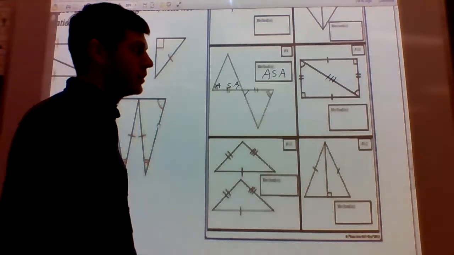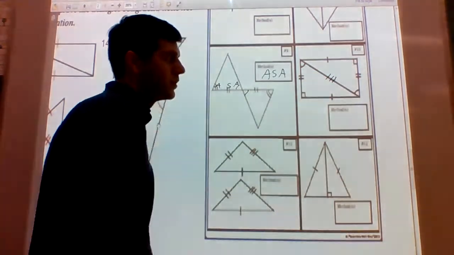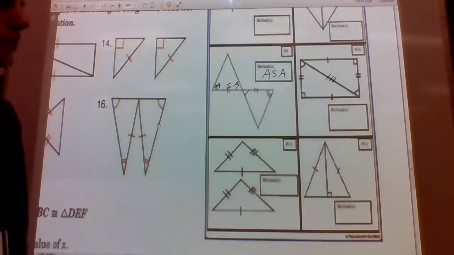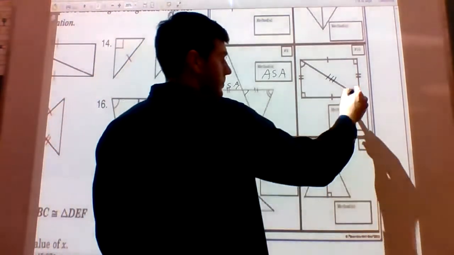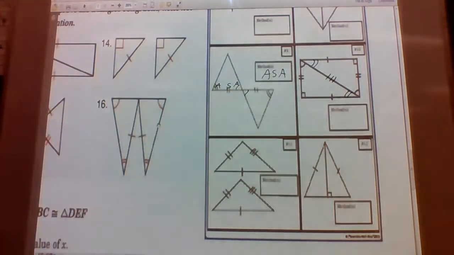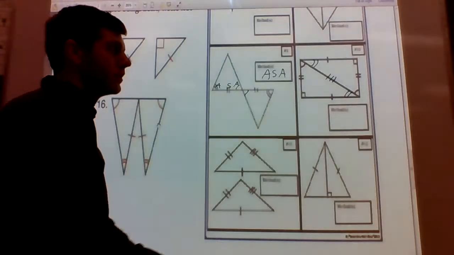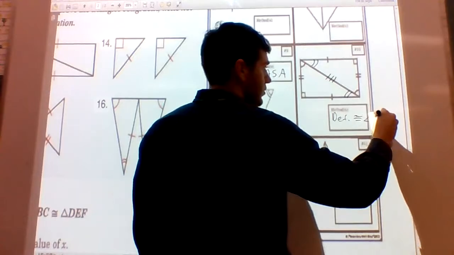So we can use the third angle theorem, which tells us if two pairs of corresponding angles are congruent, then the third corresponding angle is going to be congruent. So then we can conclude that those are congruent, which will allow us to say that these two triangles are congruent by the definition of congruent triangles.